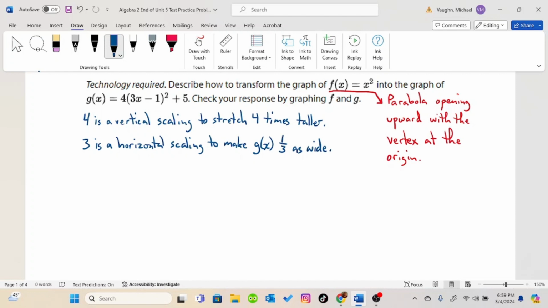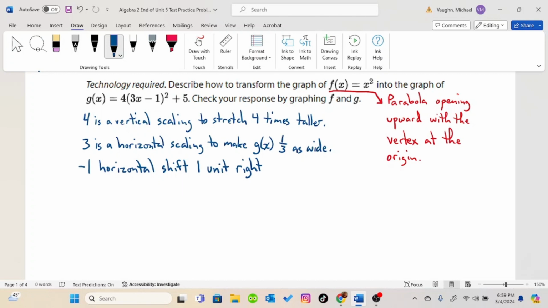Next, we have the minus 1. This minus 1 is inside the parentheses, so this is a horizontal shift. And that horizontal shift is 1 unit right.